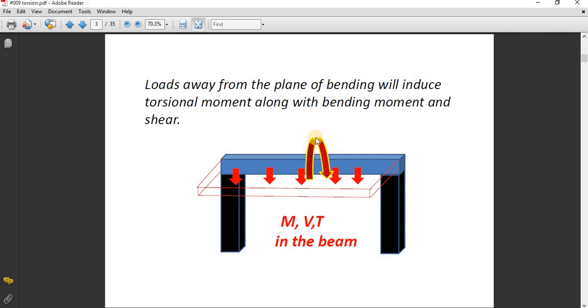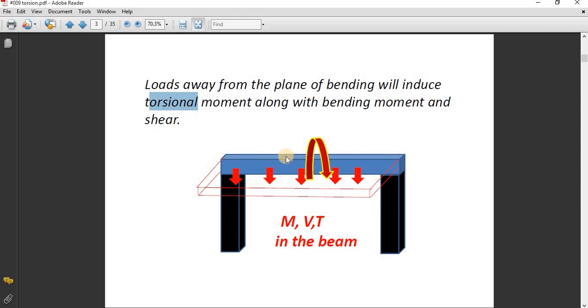To take care of this additional movement, we have to take care of torsion. This additional movement is going to induce a torsional movement along with bending moment and shear force.